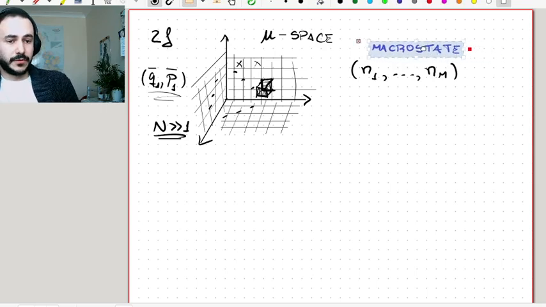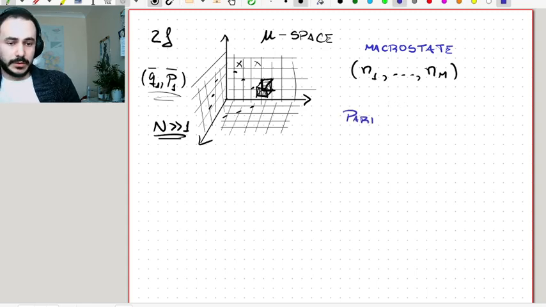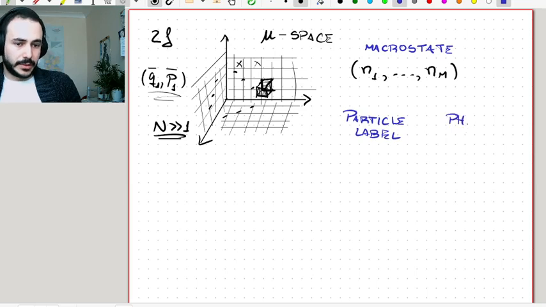If you want the full specification of the state of the system, you would need to supply the particle label, and the phase space cell that each particle is in.